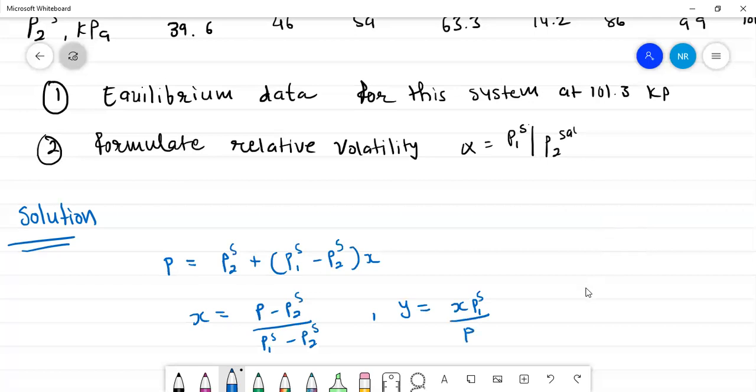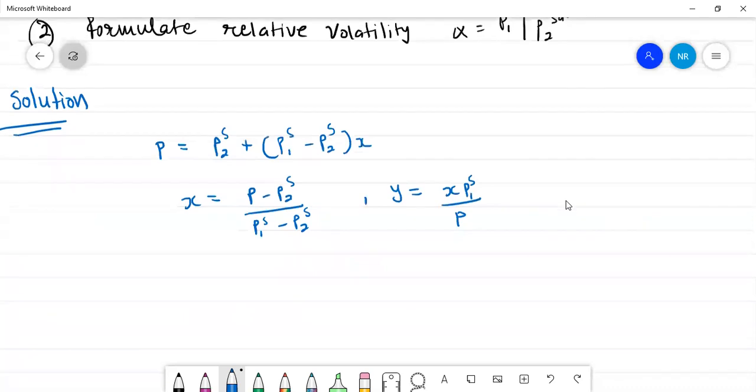So we have to calculate X and Y, and we can calculate the relative volatility alpha. Alpha we can calculate as P1 saturation divided by P2 saturation.